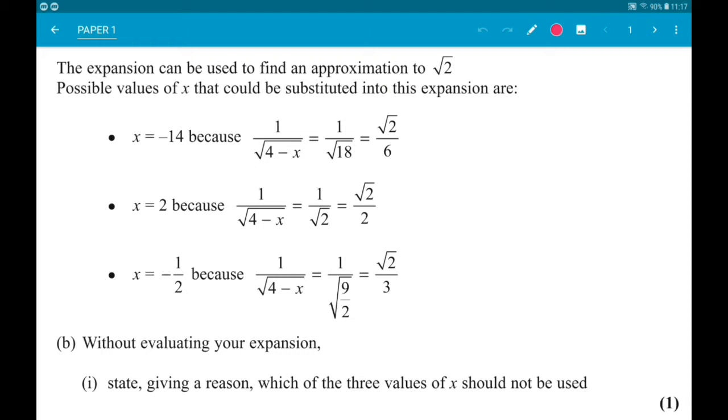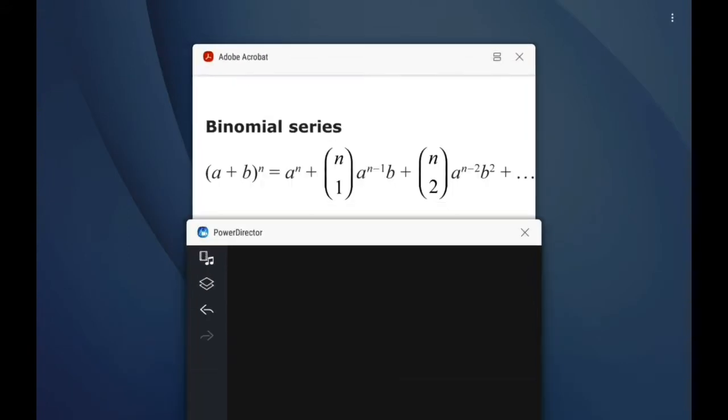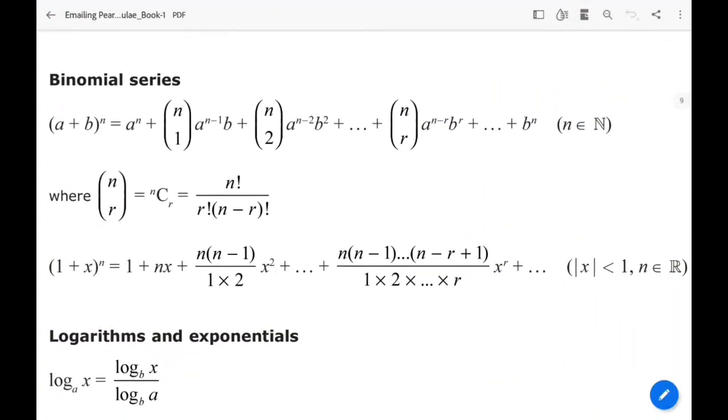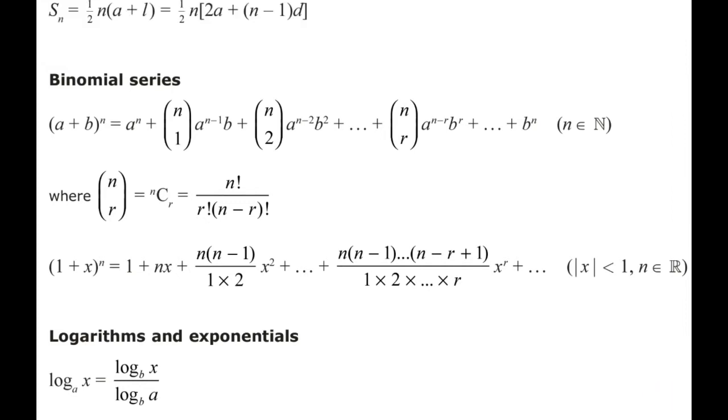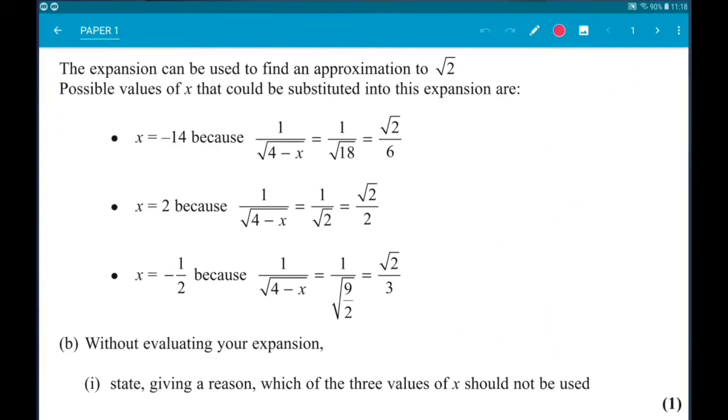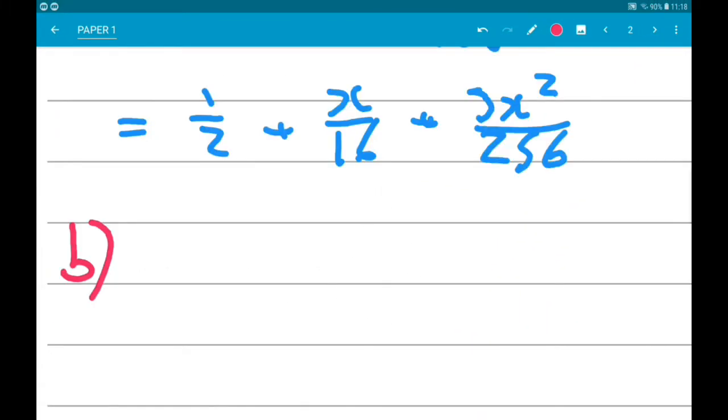Okay, so this comes down to validity of binomial expansions. So we are told for 1 add x to the power n to be valid, the modulus of x must be less than 1. So for us, the modulus of minus x over 4 must be less than 1.